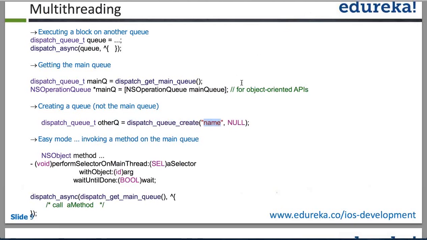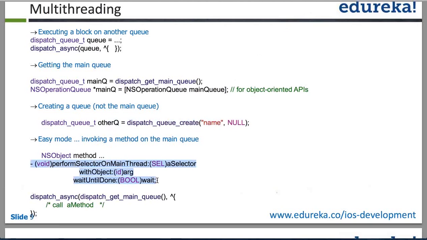Now, we have got a main queue, we have got other queues. How do we invoke some methods on main queue? Like, I wanted to update my UI. How can I get a main queue and how can I do that? So first thing is use a normal NSObject method, that is nothing but performSelectorOnMainThread.